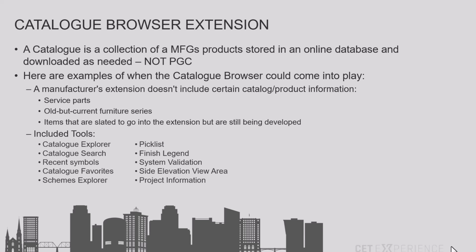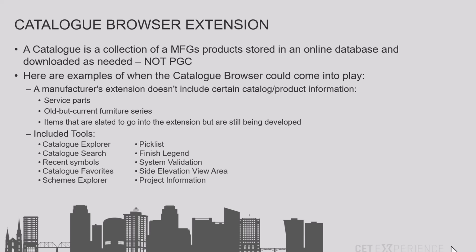The furniture symbols that you are looking for are still active. However, they are not currently popular, so they may be older. Or they are items that are slated to eventually make their way into the extension, but have not been fully developed at this time. So you can still access that catalog symbol for use, but you can't grab it through the extension.